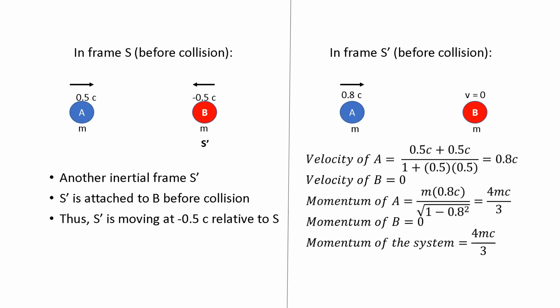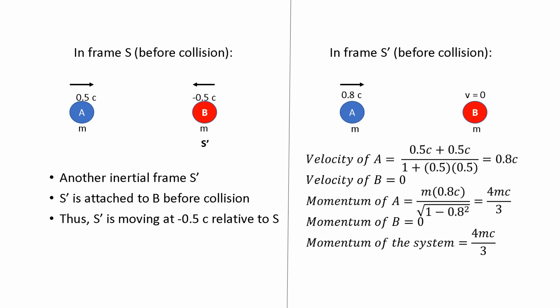Now we consider another inertial frame S prime which is attached to B before the objects collide. This means that S prime is moving at negative 0.5 c relative to frame S. On the right hand side, we study the situation from the frame of reference S prime. Before the collision, velocity of A is 0.8 c.